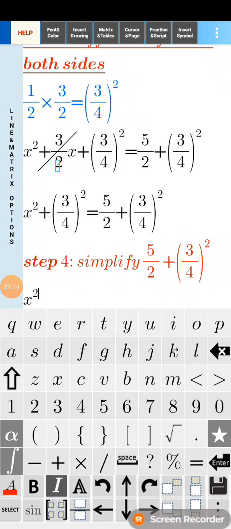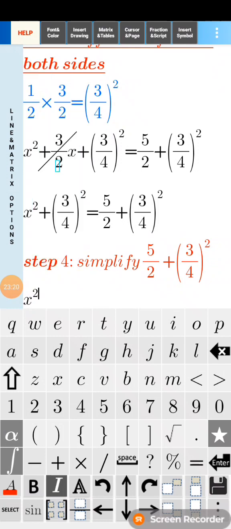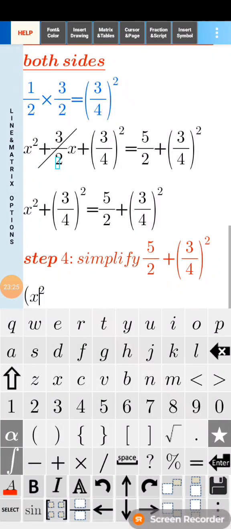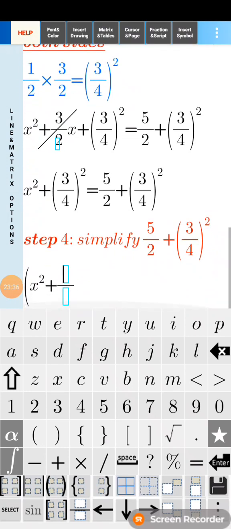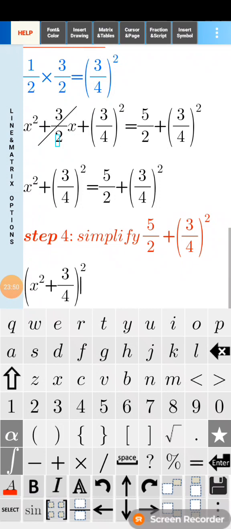Let me fix the whole question inside just one single bracket. So this will be open bracket x plus 3 over 4 close bracket square.